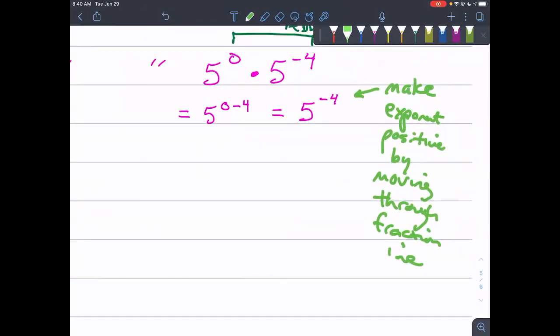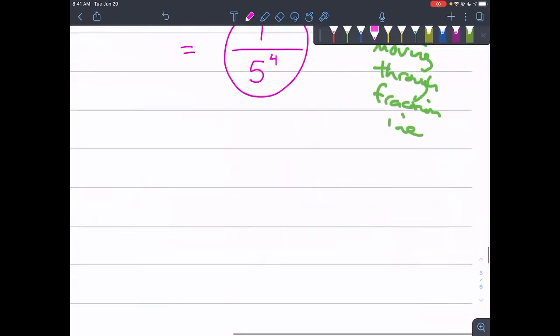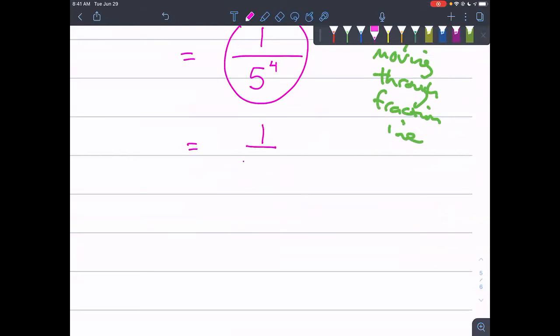So you've got an invisible fraction line underneath the 5. So this is going to go through the fraction line. It's going to become positive on the other end. So 5, what's the exponent on the 5 now? Positive 4, and then what goes on top? And they'll give you multiple choice. Maybe it's 1 over 5 to the 4th, or let's see, 625, all right.